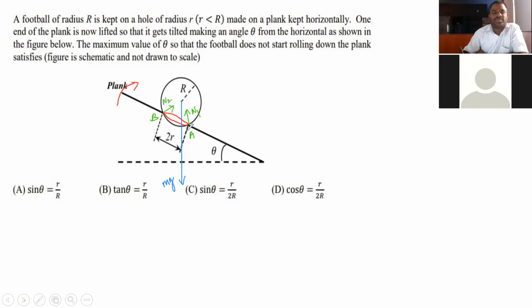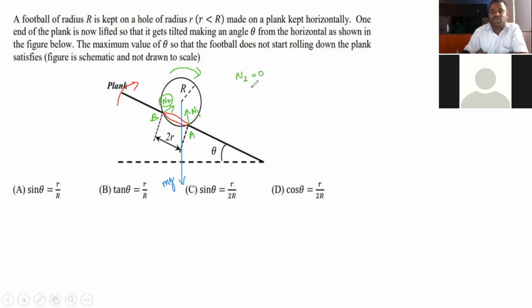Now as theta is increased, when the ball is ready to roll, at point B this ball is just lifted. As the ball is just lifted at point B, there will not be any contact at point B between the plank and the ball, so N2 we assume to be 0.